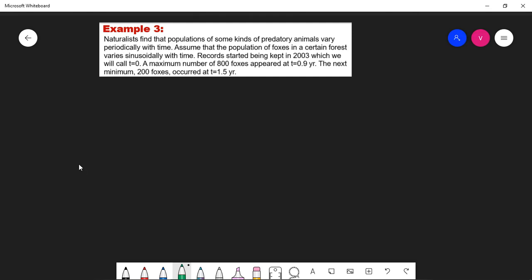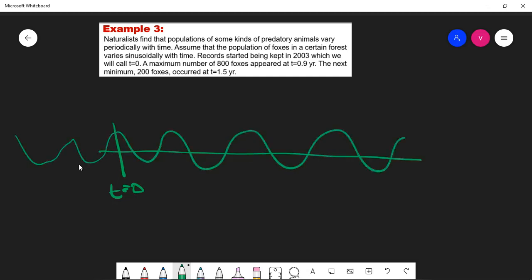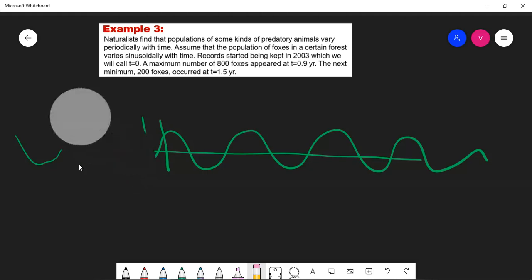So the thing about that, people, is at t equals 0, we do not know what's going on here. What if t equals 0 is right here? Sorry, that's probably a bad example. I didn't draw that very well.